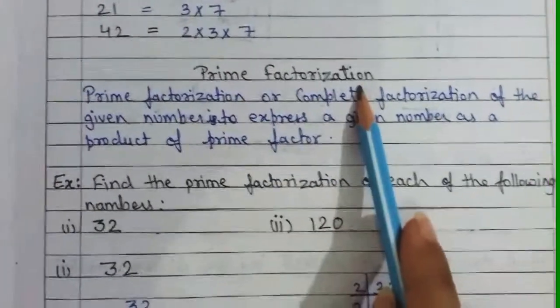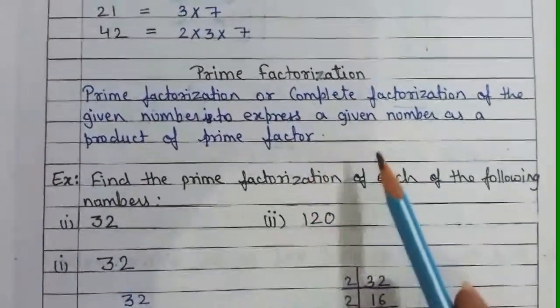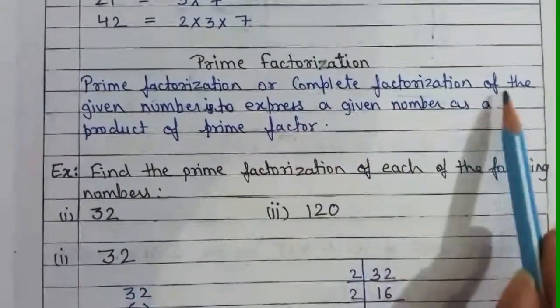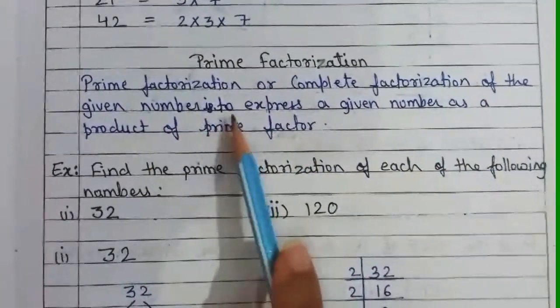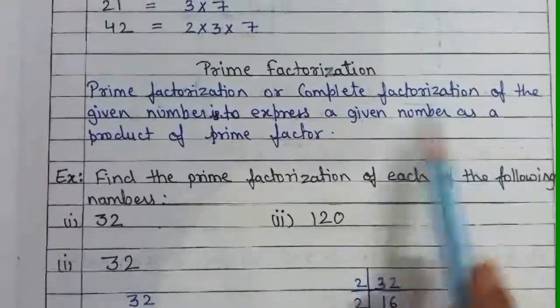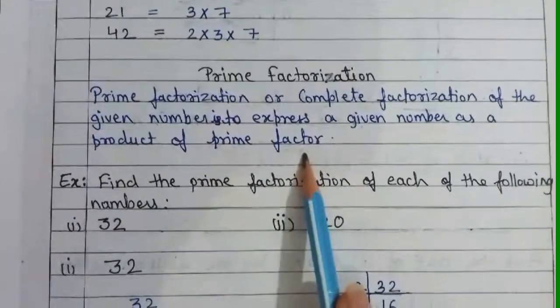Prime factorization. Prime factorization or complete factorization of a given number is to express the number as a product of prime factors.